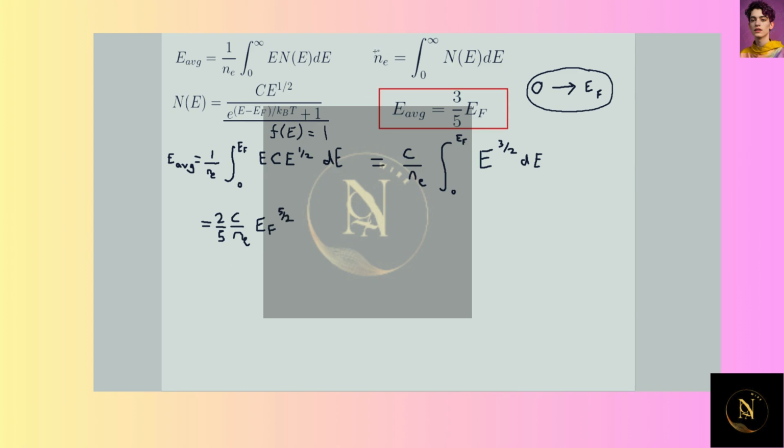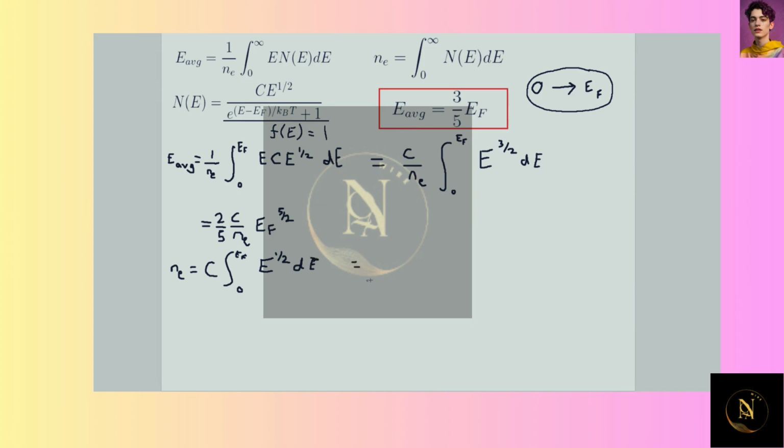So all we now need to consider is this secondary integral to obtain an expression for the number density N e. This will follow a similar pattern to the previous integral, only this time we will just have this C E to the half rather than this additional E factor. So that comes out as N e is equal to C, the integral between the Fermi energy and 0, E to the half dE.